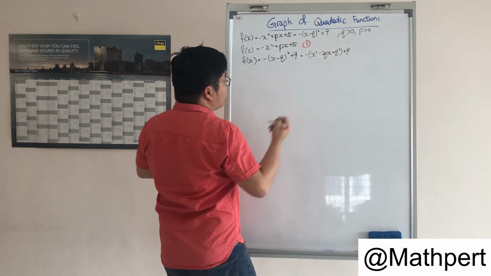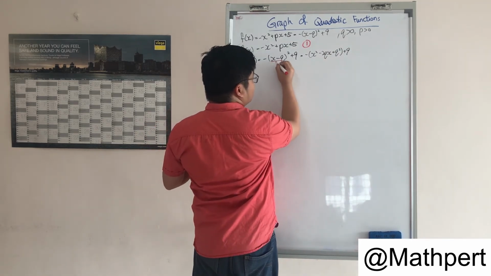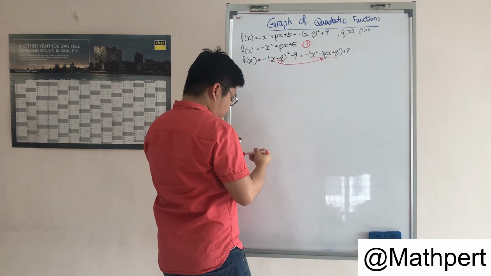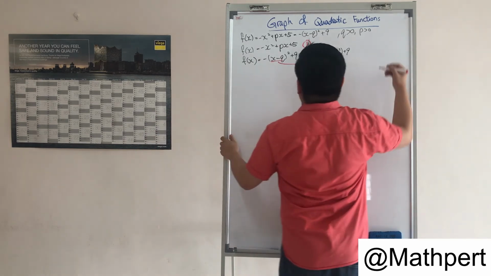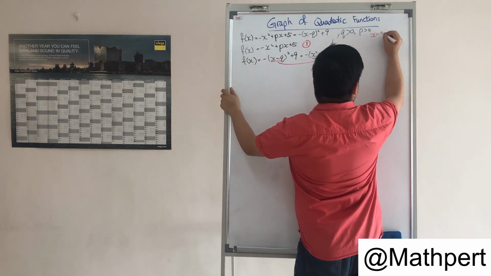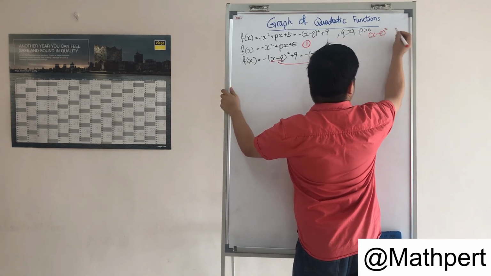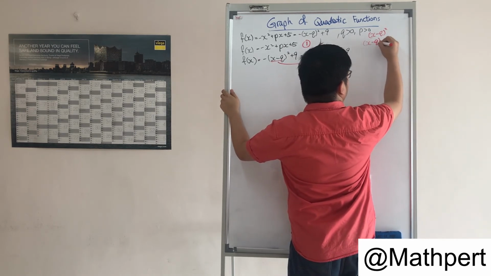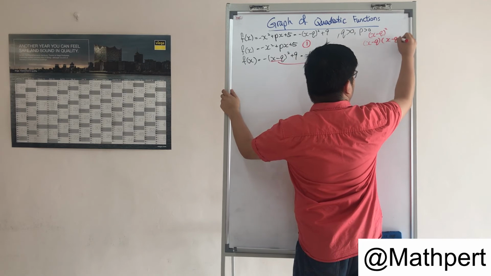How do we change this to this? Here, (x minus q) squared, we can rewrite into (x minus q)(x minus q).